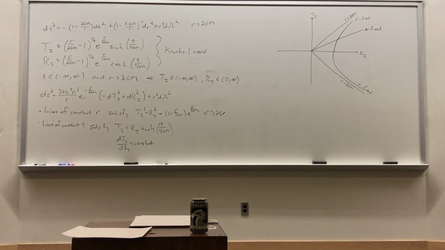Now, here's the most important observation. If we ignore any angular motion, because we're just treating this in the T-R plane, what do light cones look like? What's ds squared for a light cone?